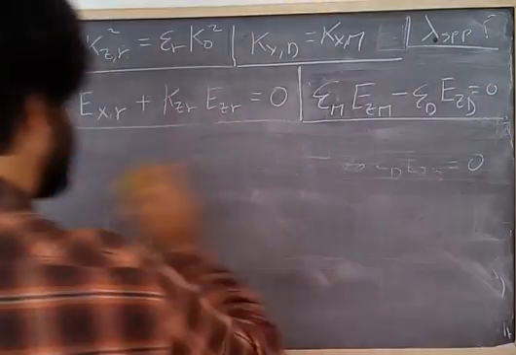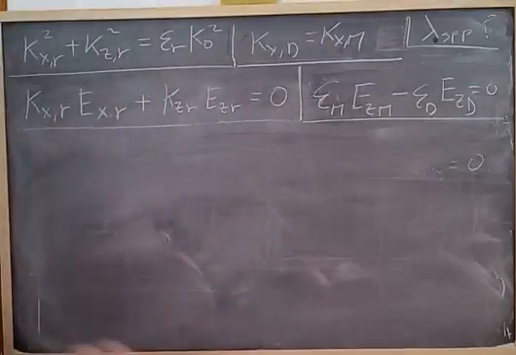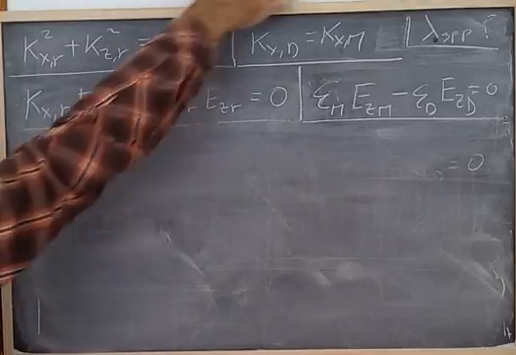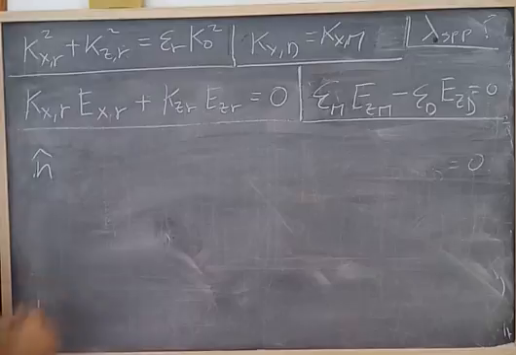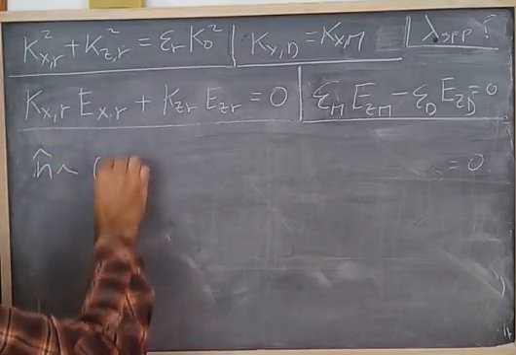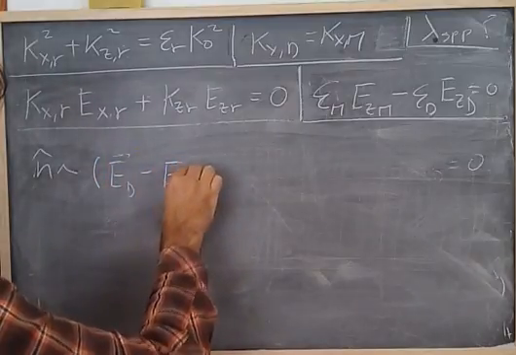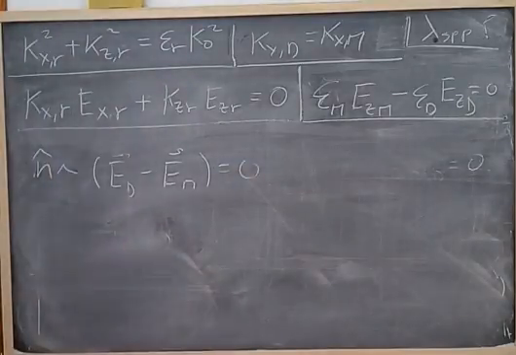The last equation is given by the tangential field continuity. We know the normal vector multiplied by the electric field in the dielectric minus the metal must be equal to 0.